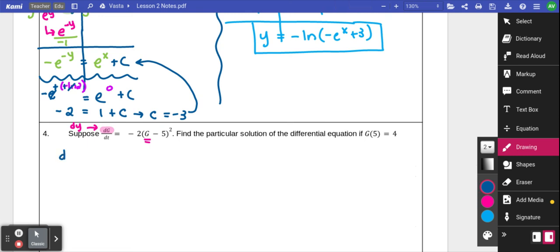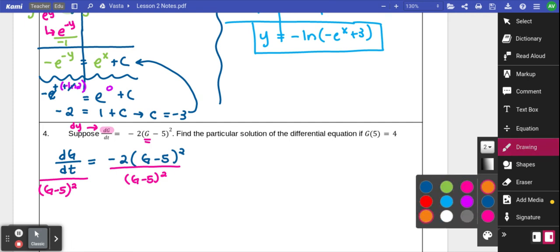So the first step of this problem is going to be to separate the x's and y's, or in this case, the g's and the t's. Now, just like I normally move y to the left-hand side, I'm going to move g to the left-hand side. In order to do that, I'm going to start by dividing by g minus 5 squared on both sides.